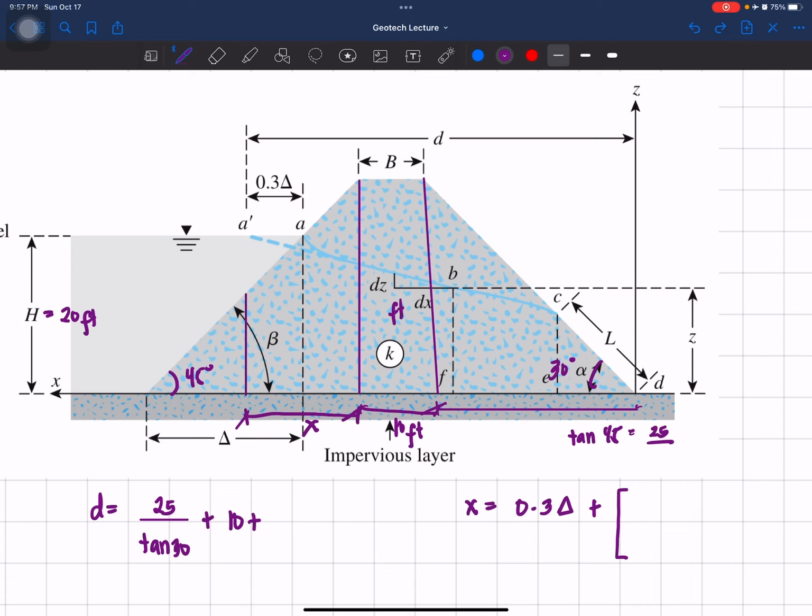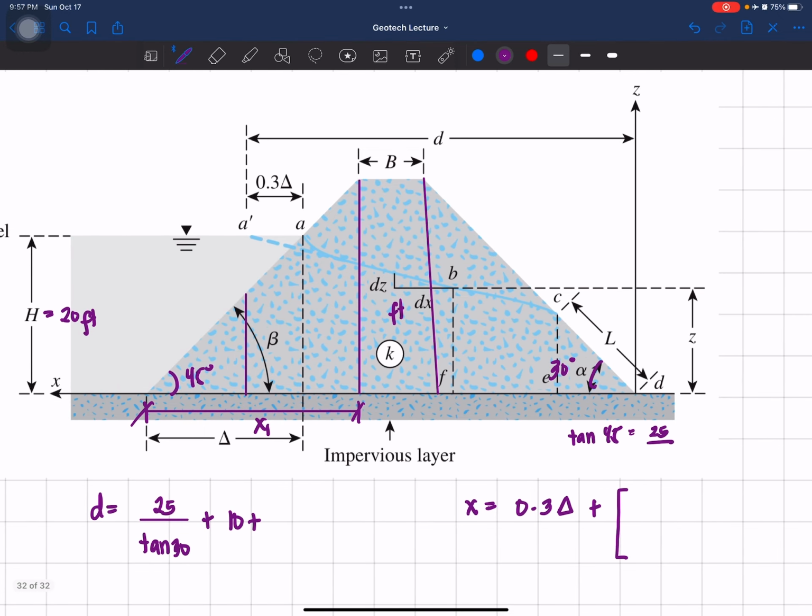Or let's just say this distance here is your, let's just call it x1. Okay, x1.